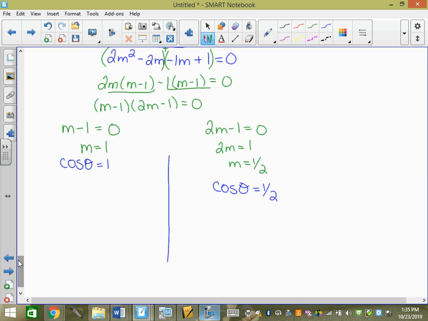So we need to find it when cos equals 1. And I gave you a nice step because it's all in the unit circle. So cos equals 1 when x equals 1, which is at 0 and 2 pi.